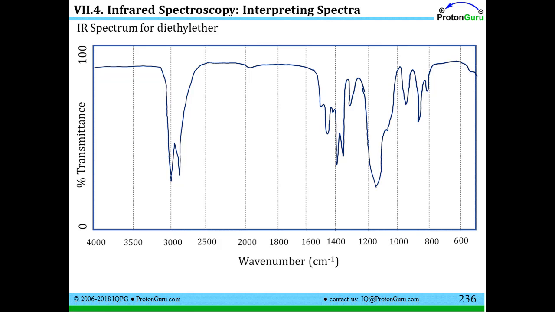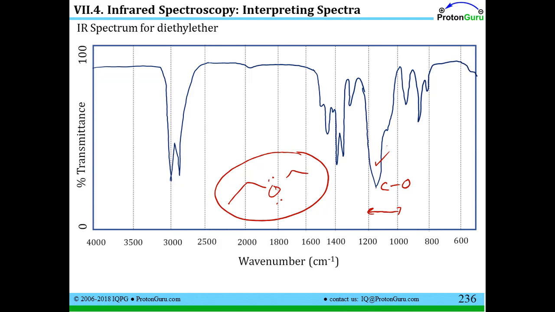This could be an alkene, or it could be some type of ether, something with only single bonds in the structure, no hydrogen bonding units. In this particular case, we do see this very strong peak between 1000 and 1200. That's the CO peak. That's a polar bond, which is why it's so strong in this region. So in this case, we have an ether molecule, and this particular ether is diethyl ether.